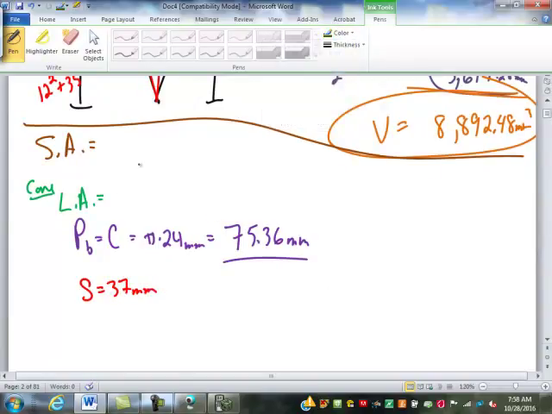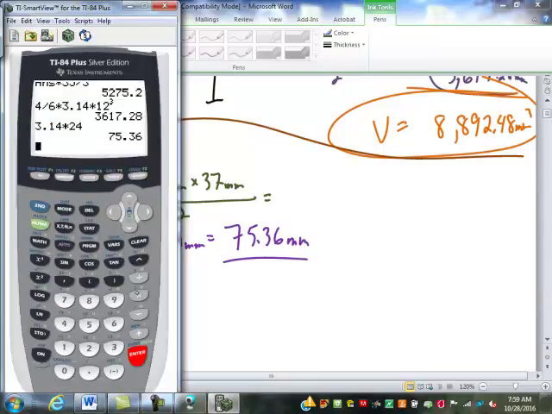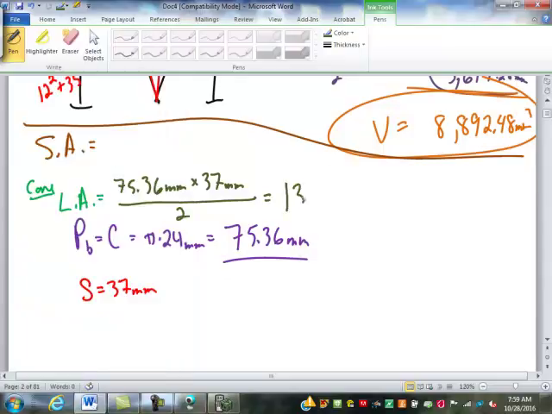Now we can use that to find the lateral area. 75.36 millimeters times the slant of 37 millimeters. We have to remember to divide by 2. That gives 1394.16 millimeters squared.